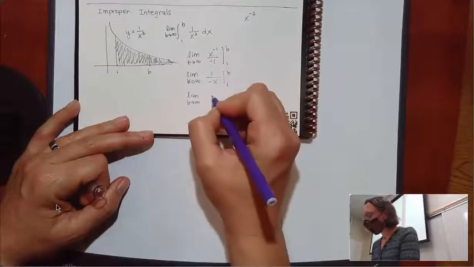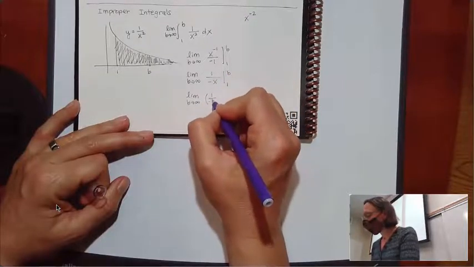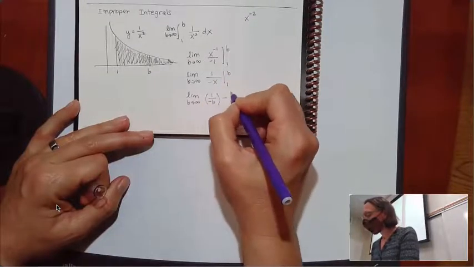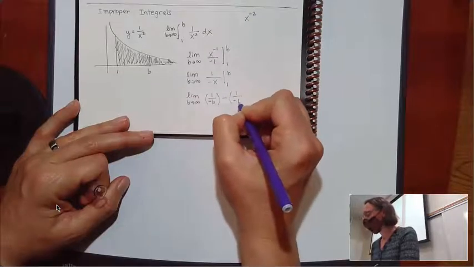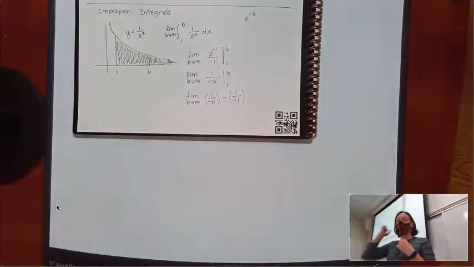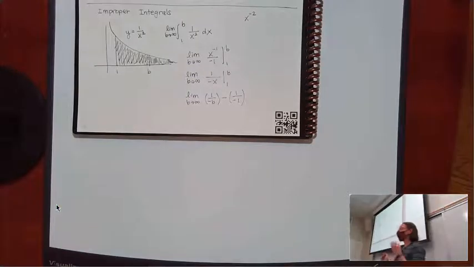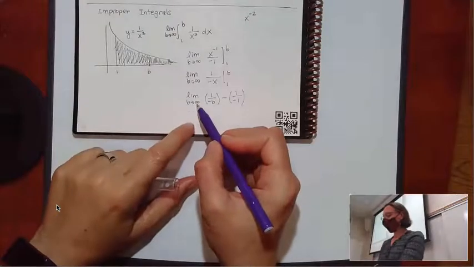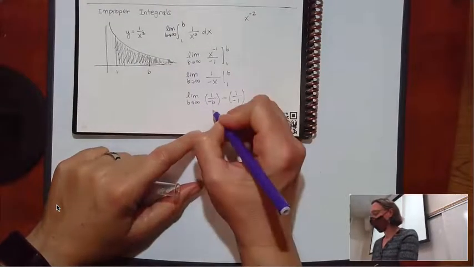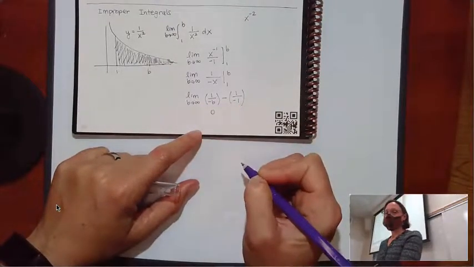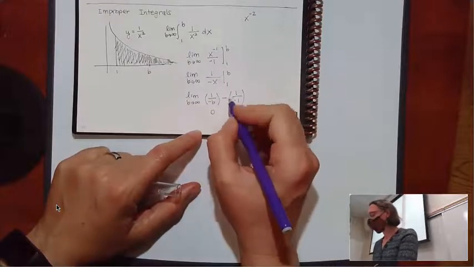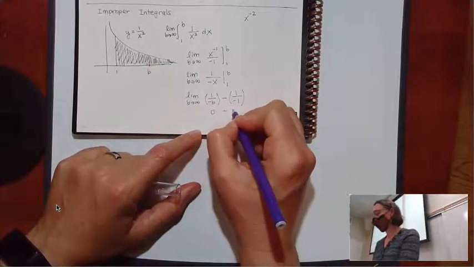So that I can plug in my top, 1 over negative b minus 1 over negative 1. Now we're ready to take the limit. As b approaches infinity, 1 divided by b is headed to 0. Here I've got minus a minus, so that's a plus 1.